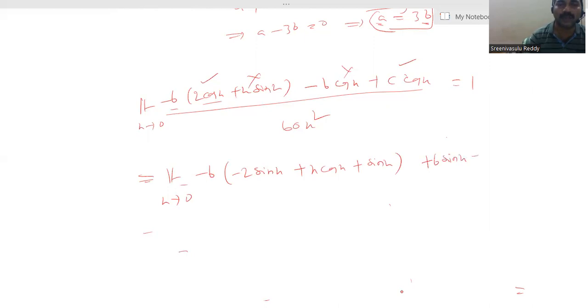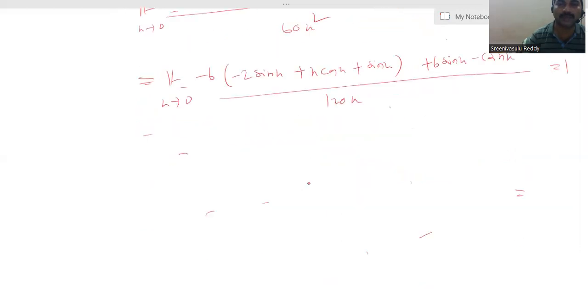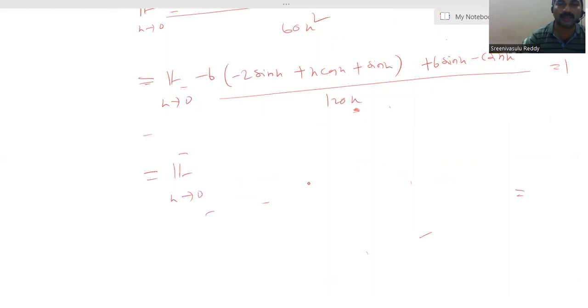Derivative of cos x means minus c sin x by, in the denominator, 60 into 2 means 120x equal to 1. Now substitute the limit value. If you see x tends to 0, we get 0 by 0. Once again, it is better to take one more derivative until we remove x in the denominator. It is better. Otherwise, you get some confusion.